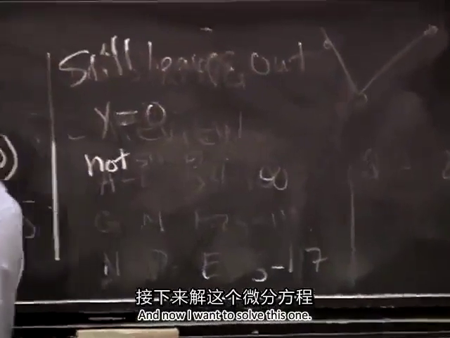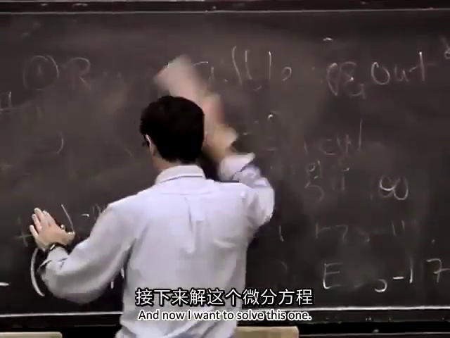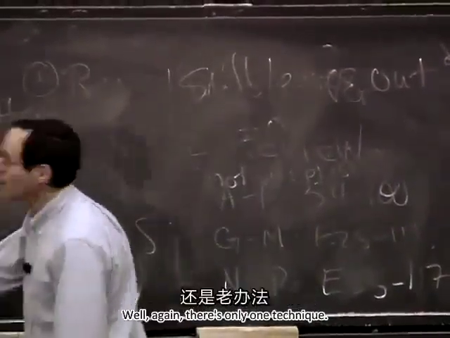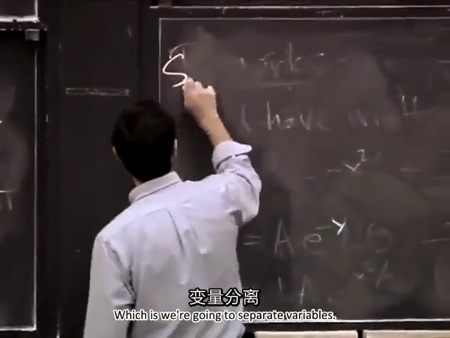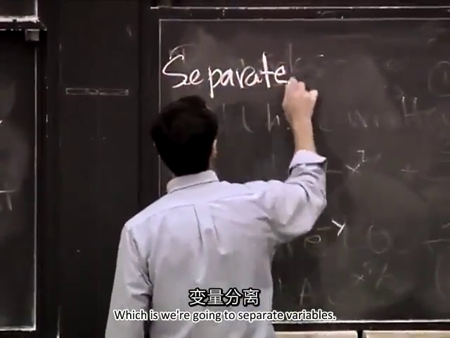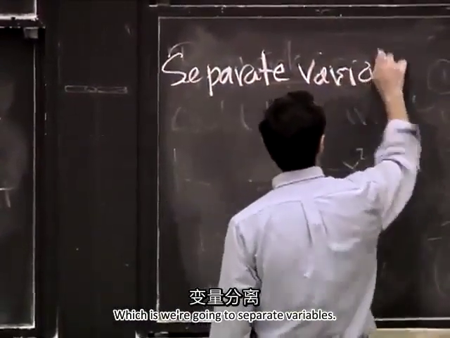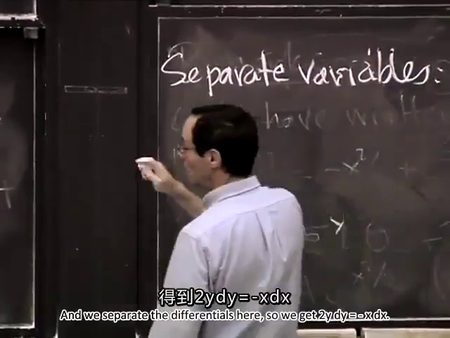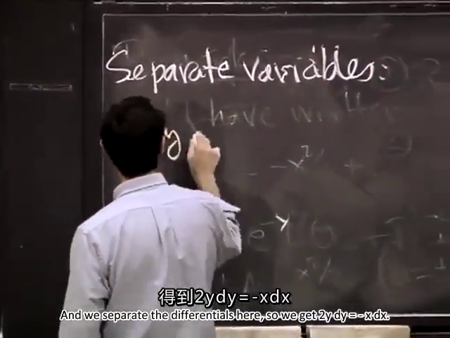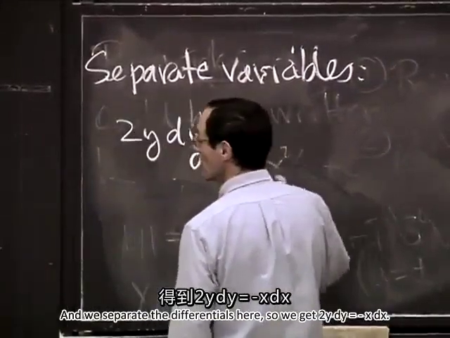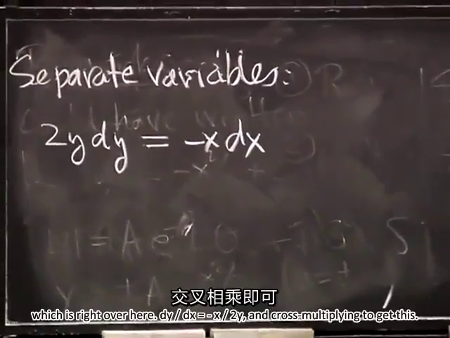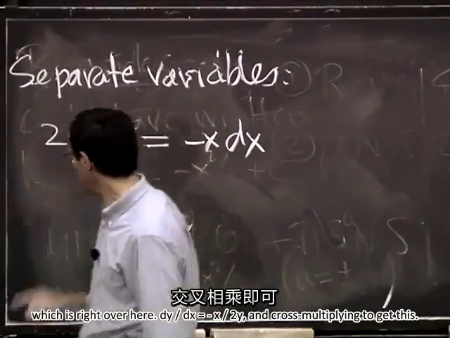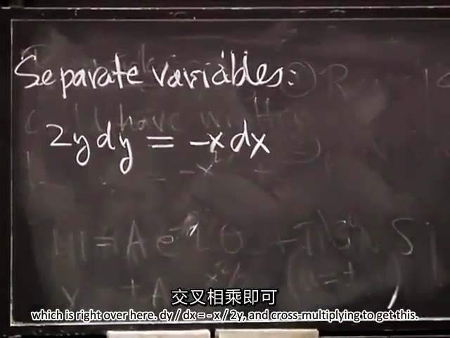And now I want to solve this one. Well, again, there's only one technique, which is we're going to separate variables. And we separate the differentials here, so we get 2y dy equals minus x dx. That's just looking at the equation that I have, which is right over here. dy/dx is equal to minus x over 2y, and cross-multiplying to get this.